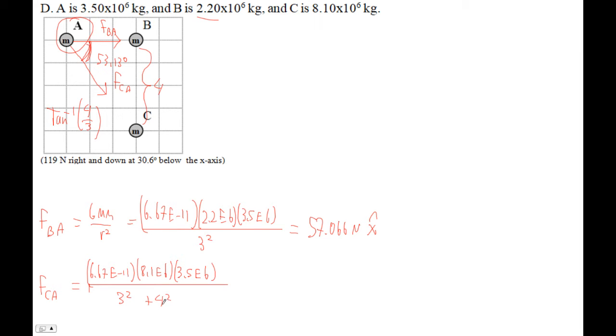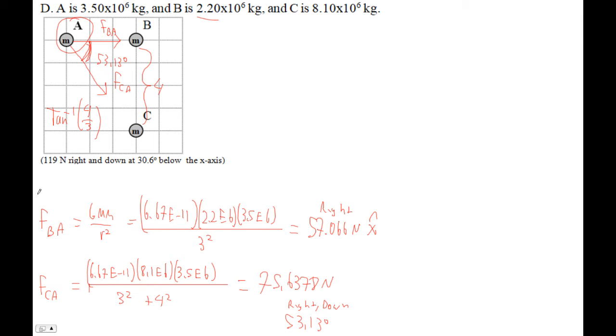All right, I think I've got it. Okay, so let's go and edit the top. And then instead of the 2.2, I've got the 8.1. All right, let's see if I can get it. This is 75.6378 newtons, and this one is to the right and down, and the angle with the x-axis is 53.13 degrees.